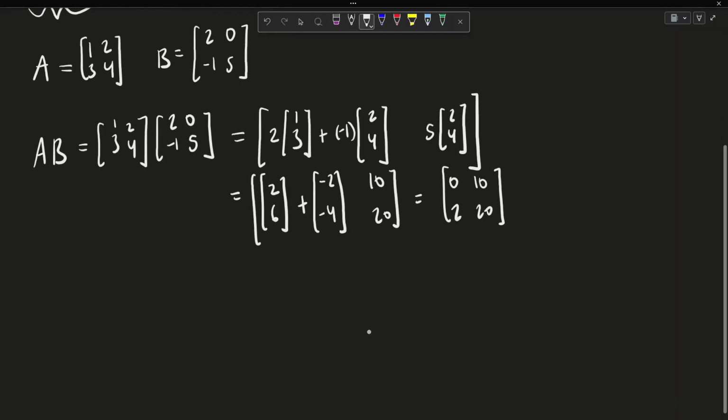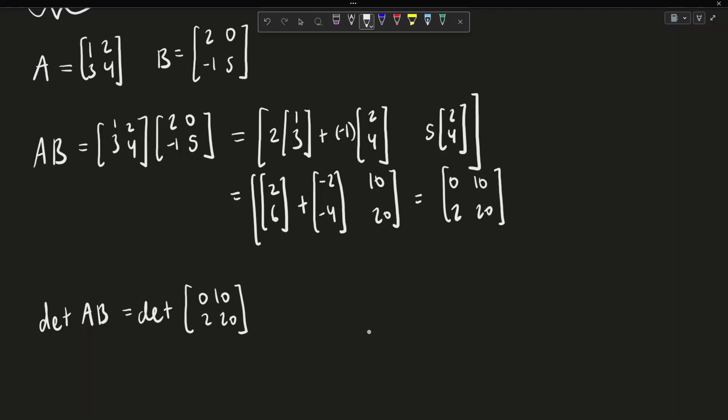So if we take the determinant of this, we'd be taking the determinant of 0, 10, 2, 20. And this gives us 0 times 20 minus 10 times 2, which is -20.